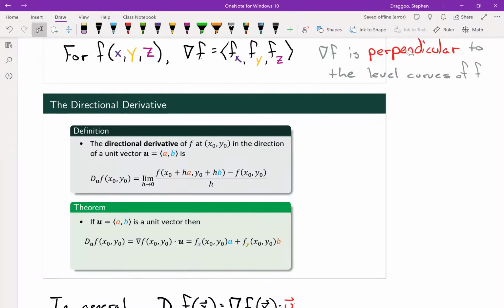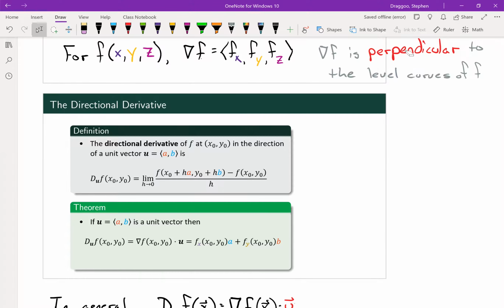If we then define the directional derivative at some point, we'll have a unit vector. In this case, we're looking at the 2-dimensional example. The directional derivative at some point ends up being the gradient dotted with whatever unit vector we have. So if we take the gradient of a function, it should give us a vector of derivatives.